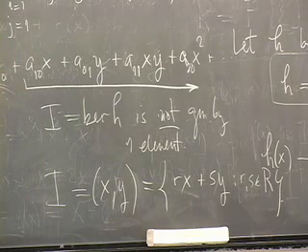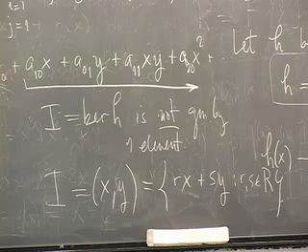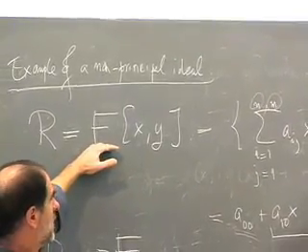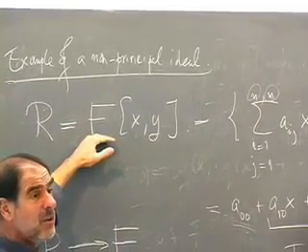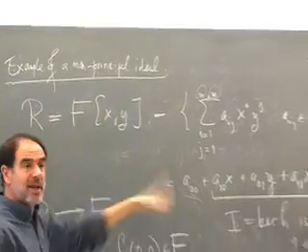So that's the reason. If you ask for an ideal, here it is. It's the kernel of a homomorphism, but it can't be generated by one element. It's not the multiples of a single element. So this is, in some sense, a more complicated ring than the polynomials in one variable because we're going to have trouble describing its ideals. You can't just say, well, you take all polynomials of this form and take their multiples.